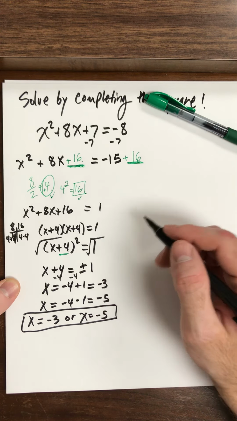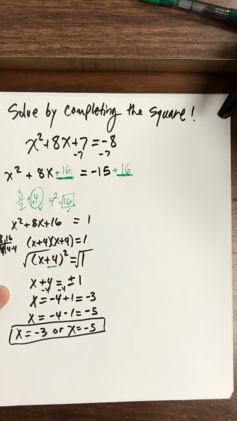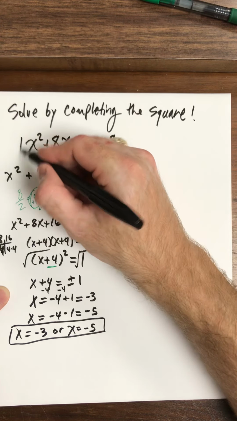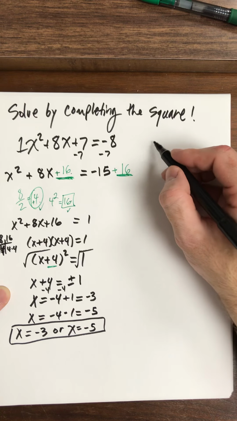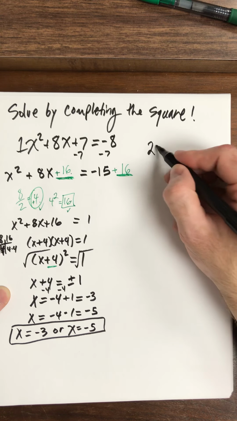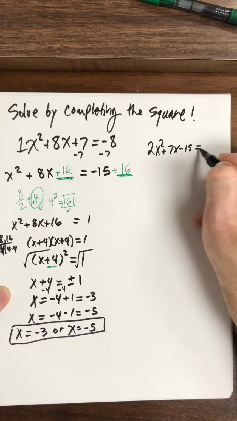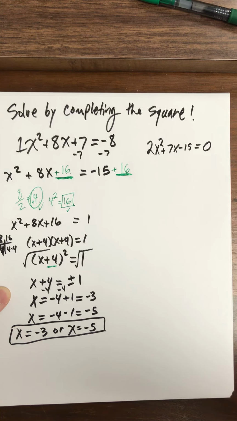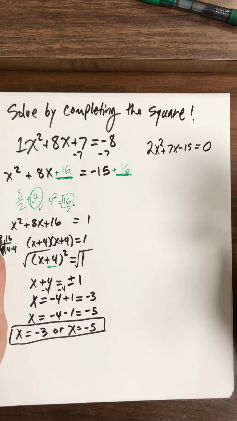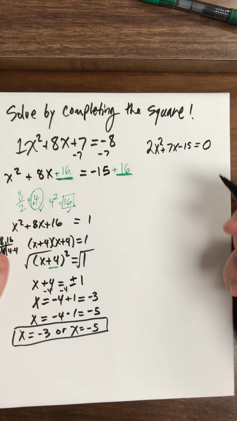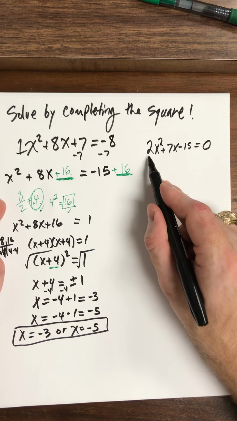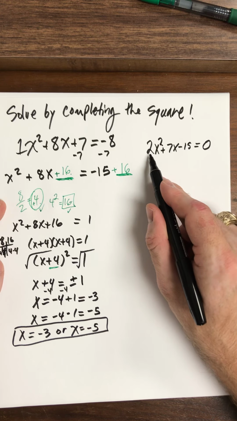Okay, let's try one more. Let's try one where the leading term is not 1. So maybe the leading term is 2x squared plus 7x minus 15 equals 0. If I'm going to do this one, first I've got to get rid of this leading term of 2.